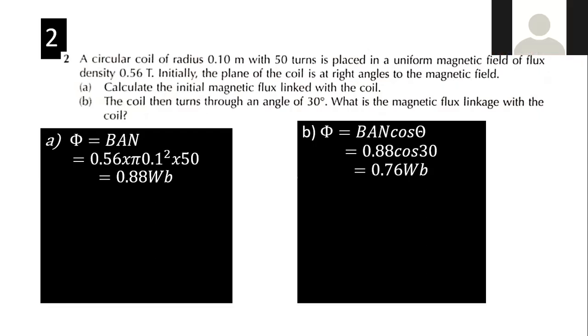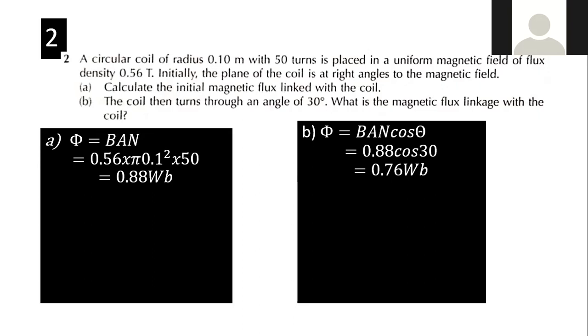But how do you know when to use cos and when to use sine? If you use sine, you must remember that the coil makes an angle of theta with the field. You are using cos because you are looking at the normal, the normal making an angle of 30 degrees with B. It depends on whether you are using vector dot product or the normal BAN sine theta.